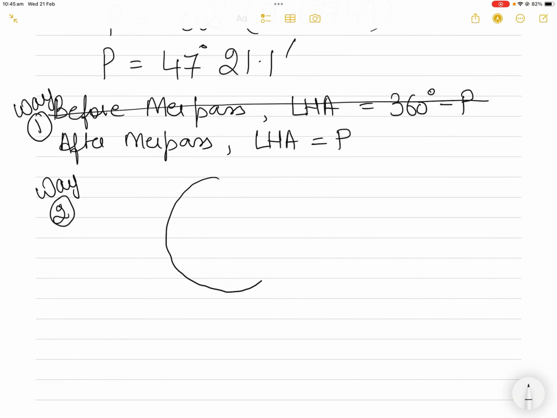So what you do is draw a circle. Put here the Greenwich meridian. This is the celestial Greenwich meridian. Now what do you know about the GHA of the sun? GHA of the sun is 47 degrees 25.2 minutes. GHA is measured westward from Greenwich meridian towards the body.